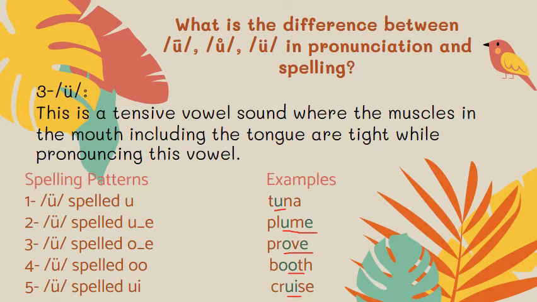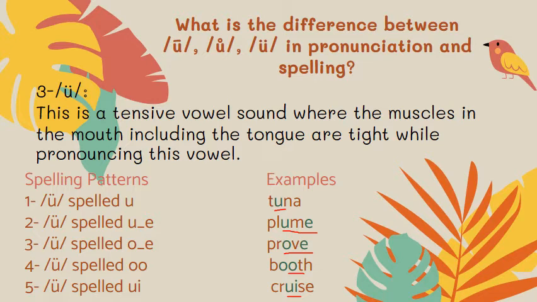Okay? So, if you notice here that I have 5 different spelling patterns. The first spelling pattern is when I have the U that stands alone in the middle of the word, tuna. The second spelling pattern is when I have U, consonant E, like plume. The third spelling pattern is when I have O, consonant silent E, like prove.